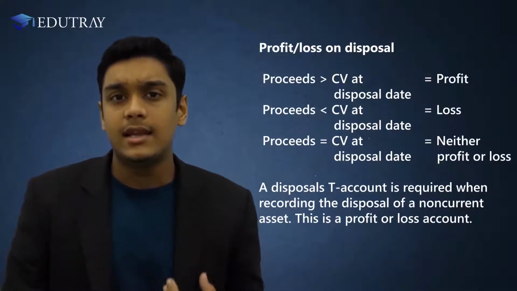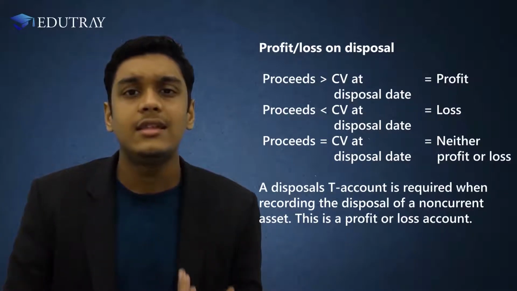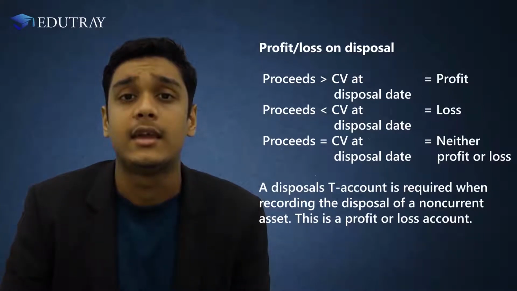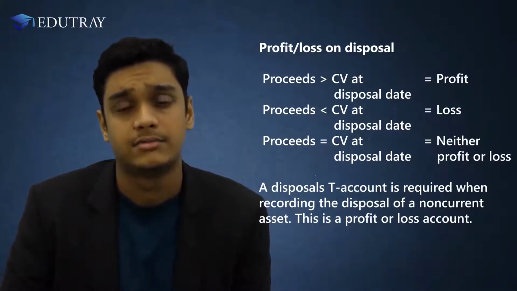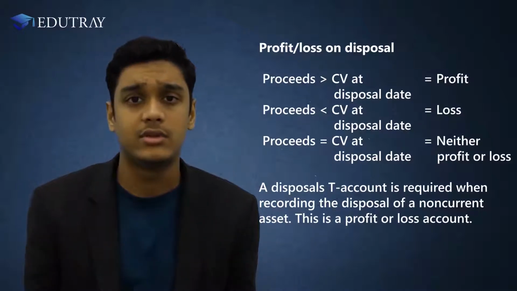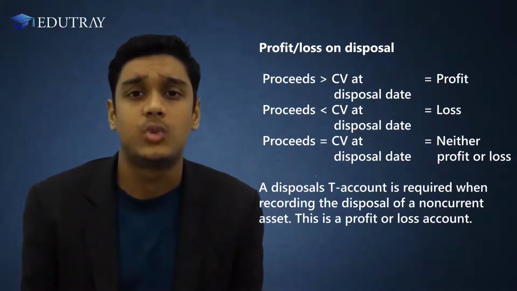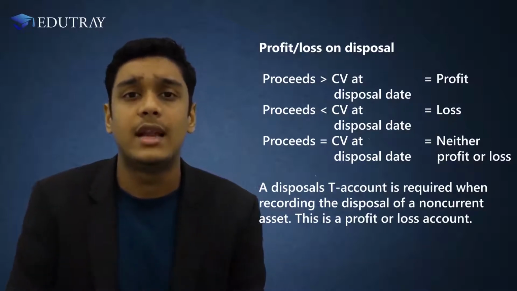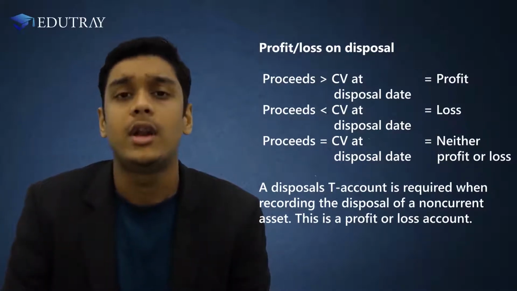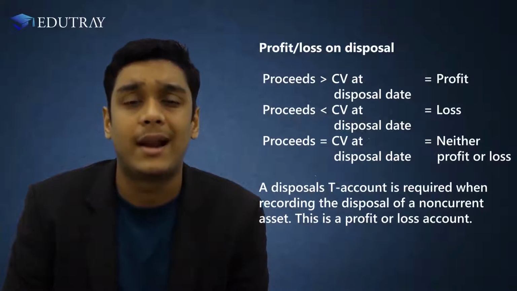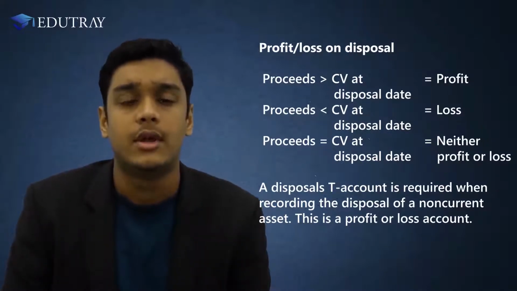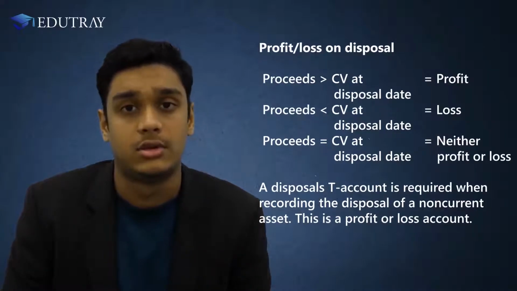If I am selling it at anything more than the value of my asset, then I am making a profit. I'm realizing a profit. The value of the asset is just 10,000. If I sell it at 11,000, 12,000 or anything more than the net book value, I'm immediately realizing a gain. What if I'm selling an asset at a price lower than the net book value? Then guys, I'm making a loss.